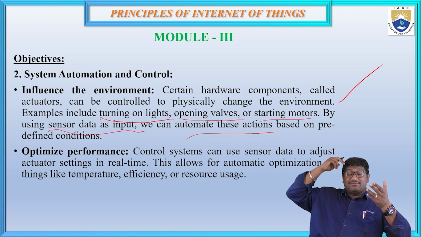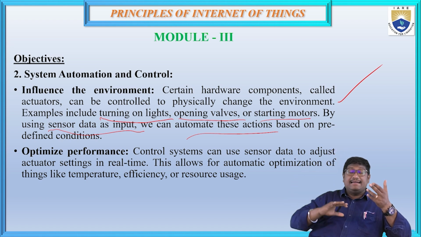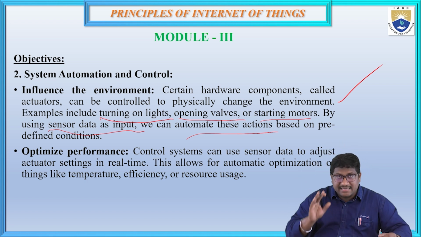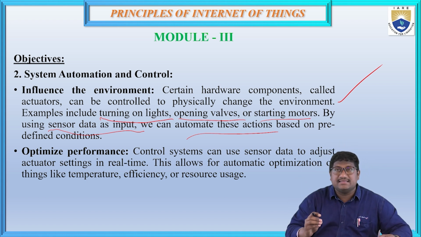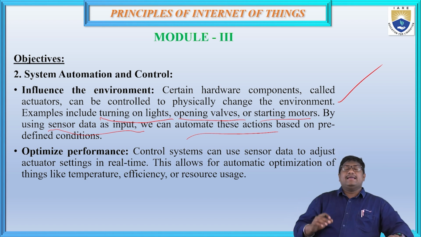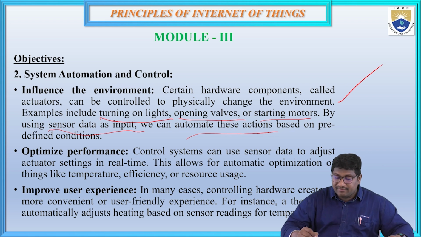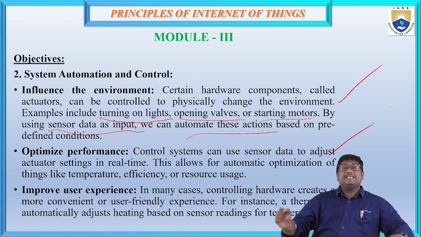Automatically, the actuator is the one which responds and moves your hand to object to that particular thing. True, right? In the same way, sensors are used for adjusting the settings in real time, which is going to evaluate the automatic things and also improve user experience.